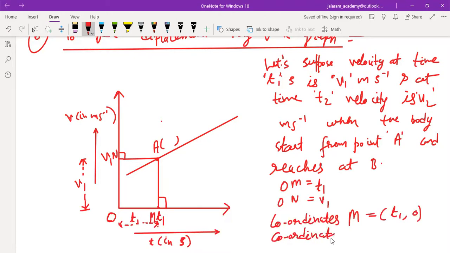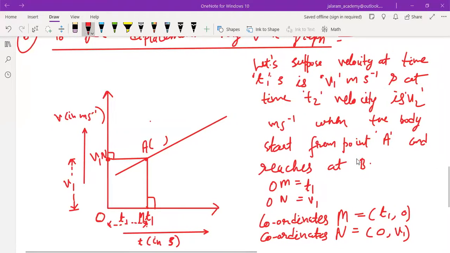What will be the coordinates of N? As it is on y-axis, the abscissa will be 0 and the ordinate is V1. So coordinates of N will be 0 comma V1.